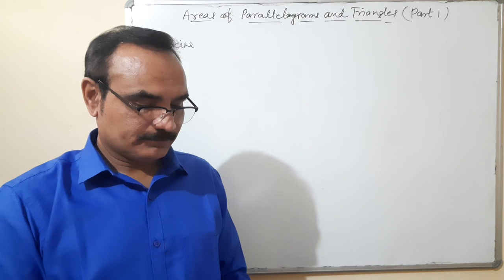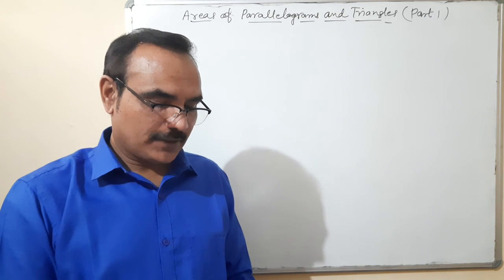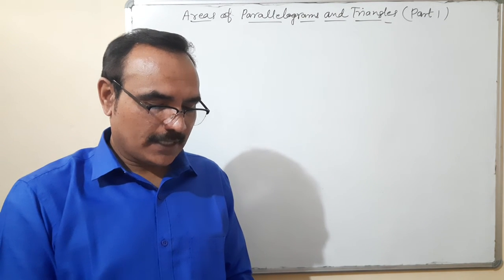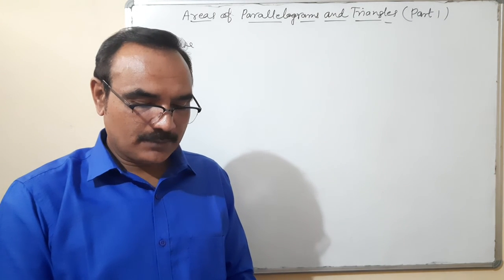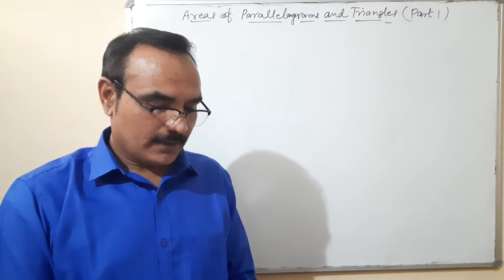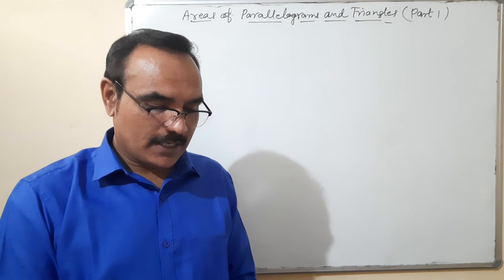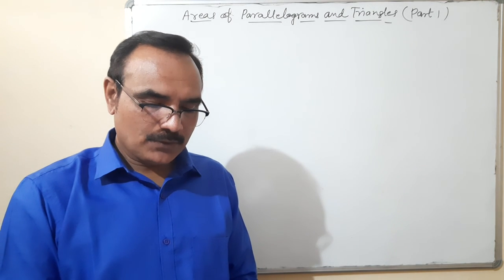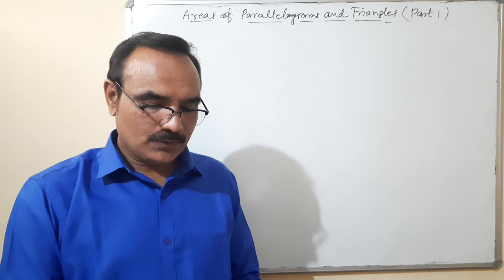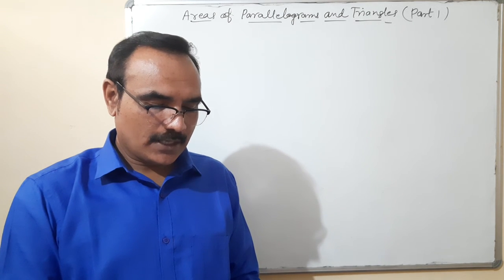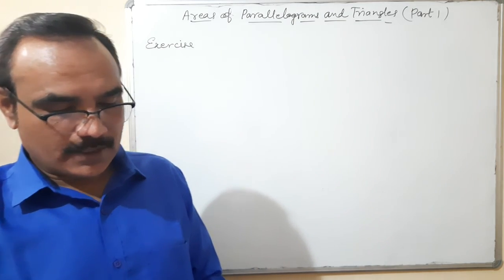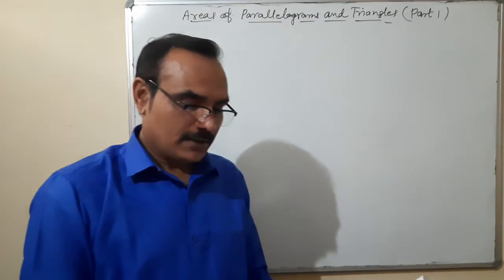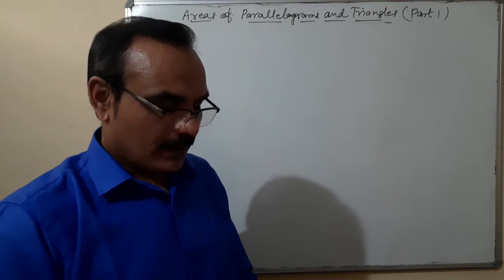Fifth question. In the figure, PQRS and ABRS are parallelograms. X is any point on side BR. Show that area PQRS is equal to area of ABRS.